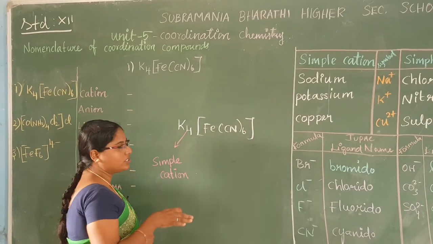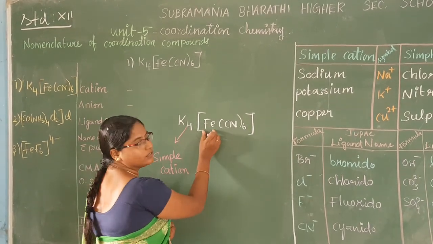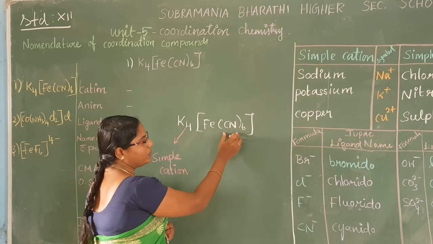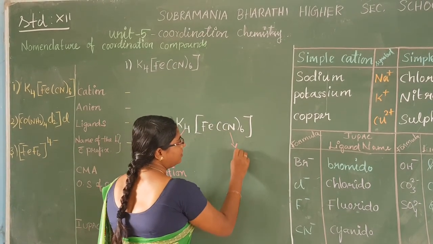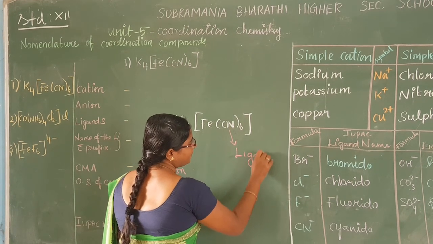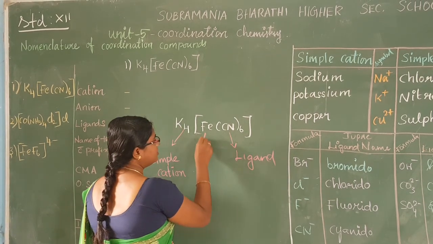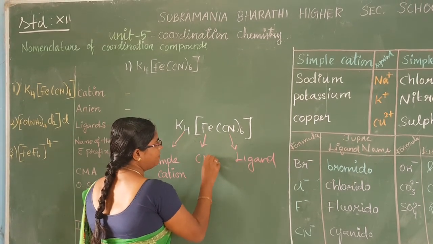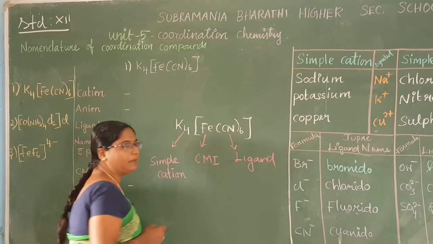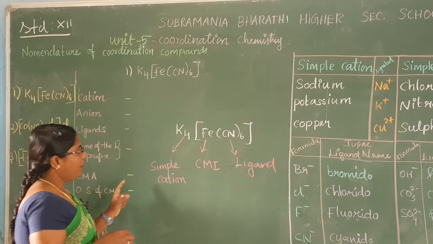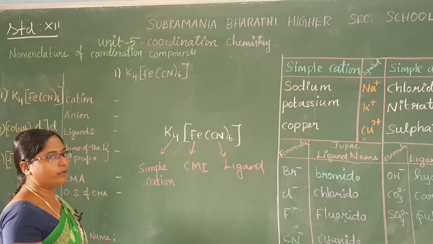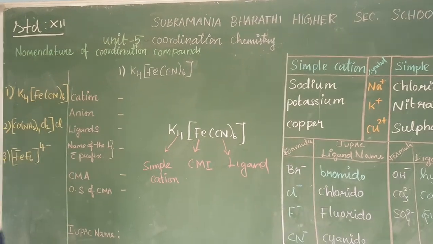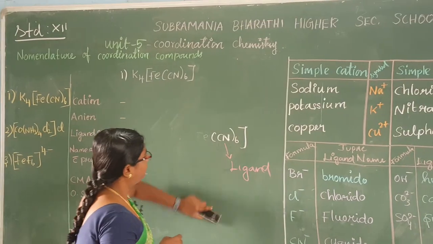Inside the coordination sphere there will be a presence of central metal atom as well as ligands. Okay, so this is called ligand and this is central metal atom or central metal ion. Okay, so if these things constitute the coordination compound, so we will see the naming for the coordination compound.